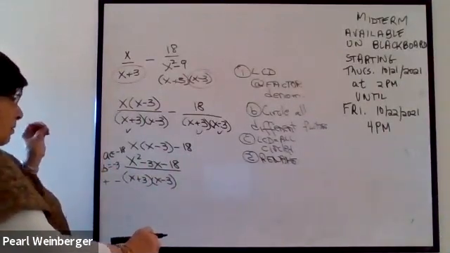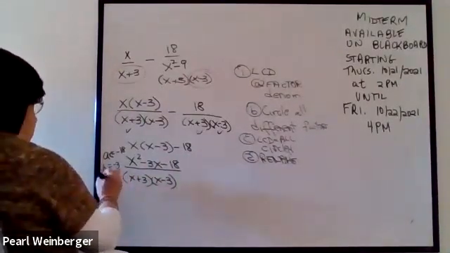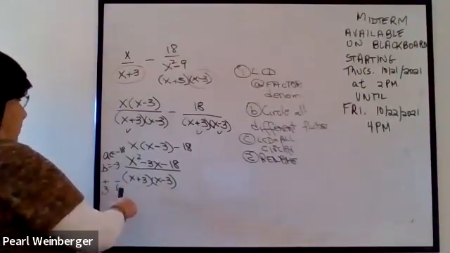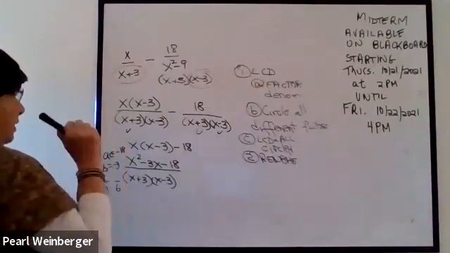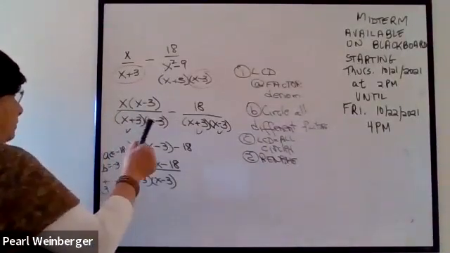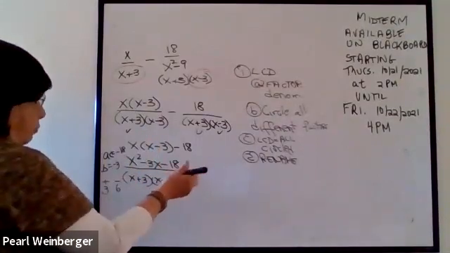I think you can tell that it's a positive 3 and a negative 6, because positive 3 times negative 6 gives you negative 18, and positive 3 plus negative 6 gives you negative 3.